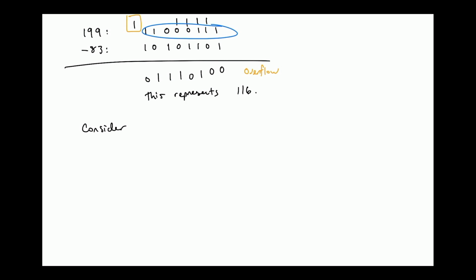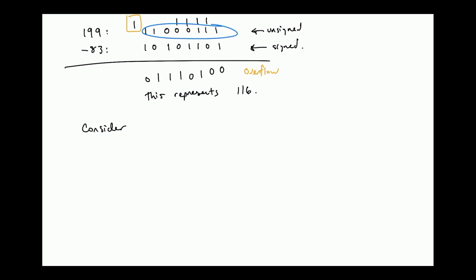I should have picked a different number. 199. I've mixed apples and oranges here. That bit pattern that I've circled in blue represents 199 in the unsigned system. It doesn't represent 199 in the signed system. Let me explain why.